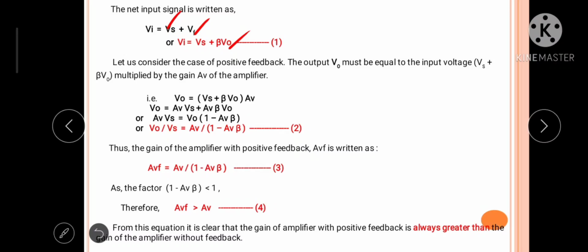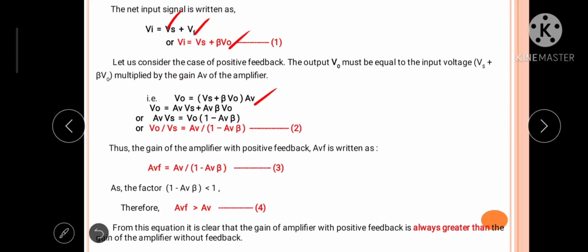Now let us consider the case of positive feedback. As usual, the output voltage we can write Vo equals (Vs plus beta Vo) into Av. Here Av is gain of amplifier without feedback. By separating these two terms, we can write the same equation as Vo equals Av into Vs plus Av into beta into Vo.